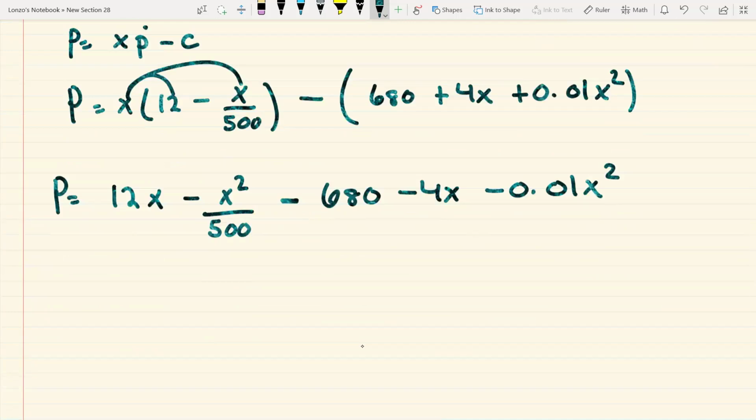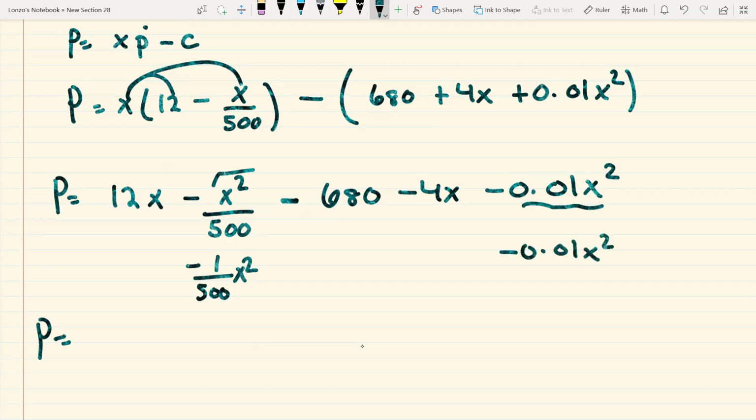What should we do next? I think we should try to collect like terms if we can. Can we? So let's start with the highest power. This right here is almost equivalent to saying negative 1 over 500 x squared. And then you also have this x squared here, so that's negative 0.01x squared.